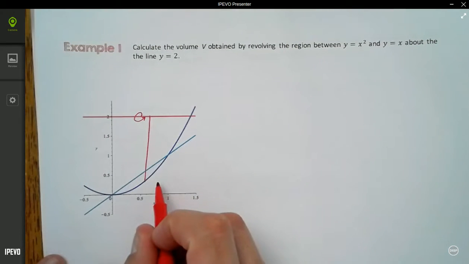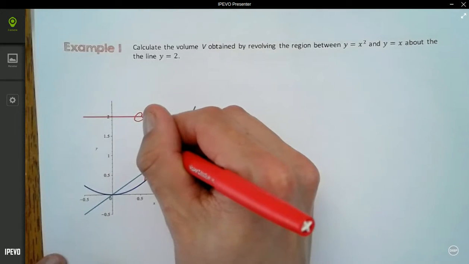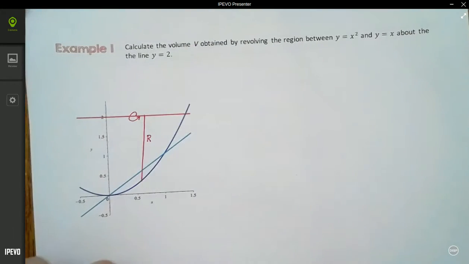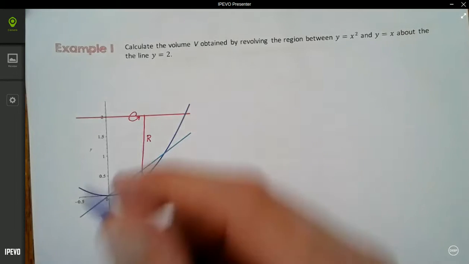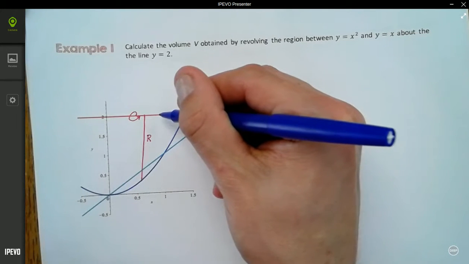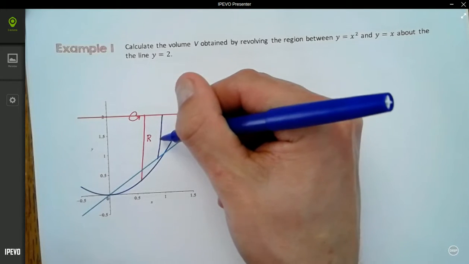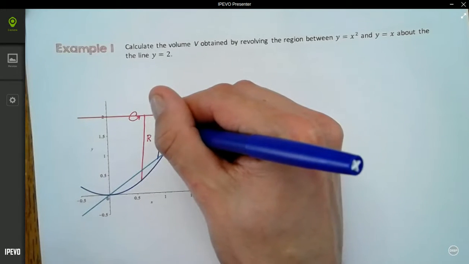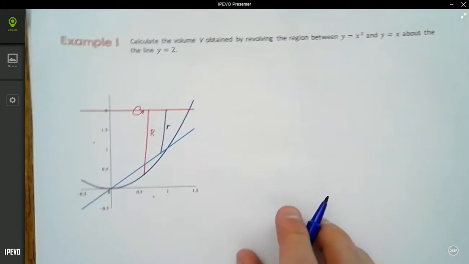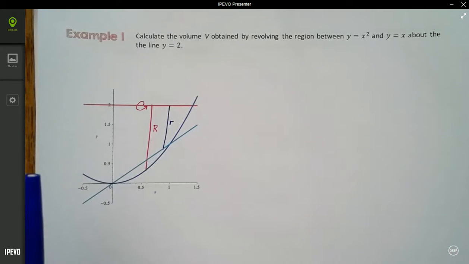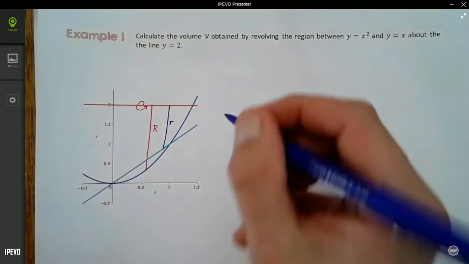That furthest function is x squared. That is big R. Little r is a line from the same line I'm revolving around to the first function I get to. It's a shorter distance, a shorter radius. That's little r.